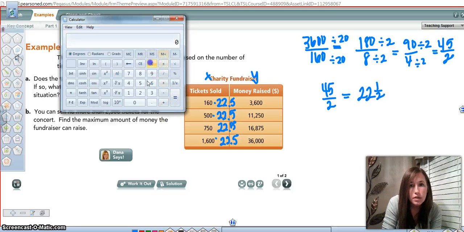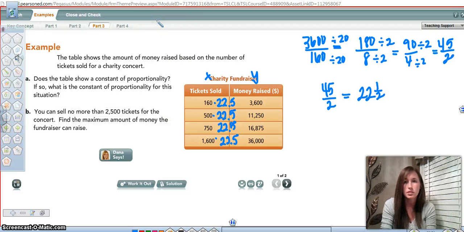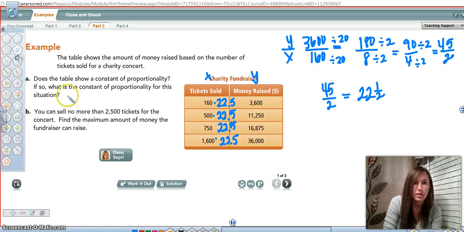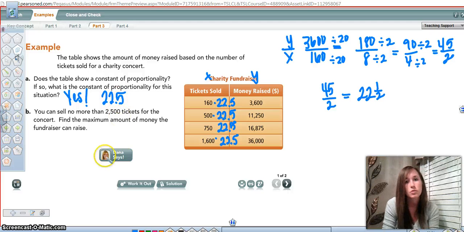It works on the third row. All right, so we do have a constant multiple. It's that value of y over x. It's the same every time. We had to check it on every row. So yes, and we'd say the constant of proportionality is that constant multiple of 22.5 or 22 and a half.